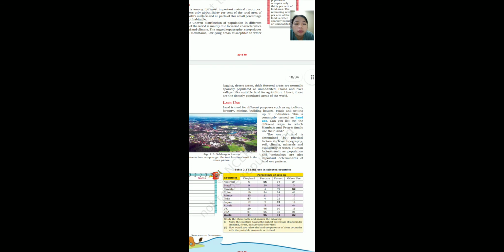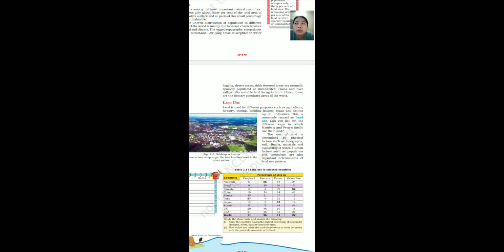Here we can see that plains and river valleys offer suitable land for agriculture, and this type of land is densely populated.